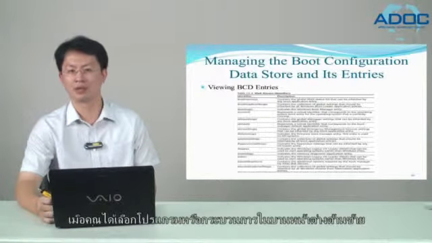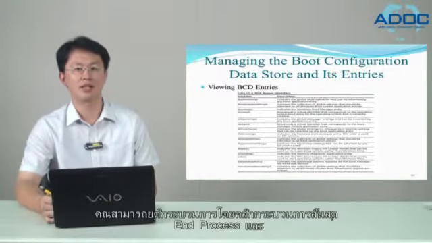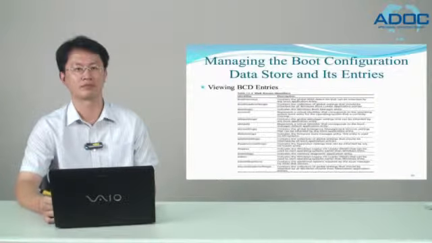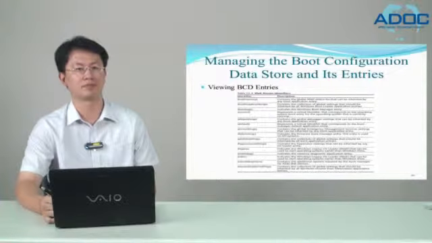When you select a program or process in the left pane, you can terminate the process by clicking End Process and then clicking Yes when prompted to confirm the action. And when you click the Task Manager button, Windows Server 2008 opens Task Manager.